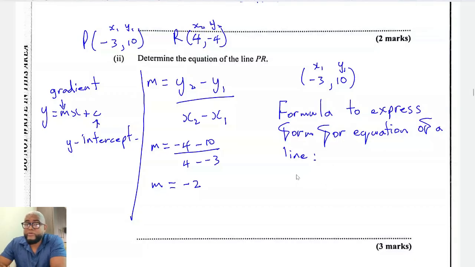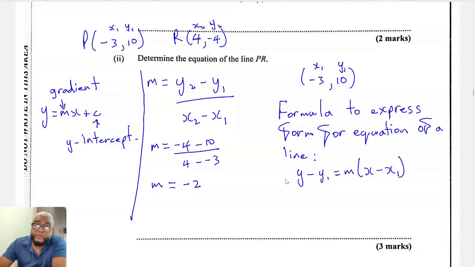So what is the formula? y minus y1 is equal to m, open brackets x minus x1. Once you memorize this formula, you are solid. There's no way you could not know how to express the equation of a line. Your y1 and your x1 will be a pair of coordinates on the line. Cool? So there we go.